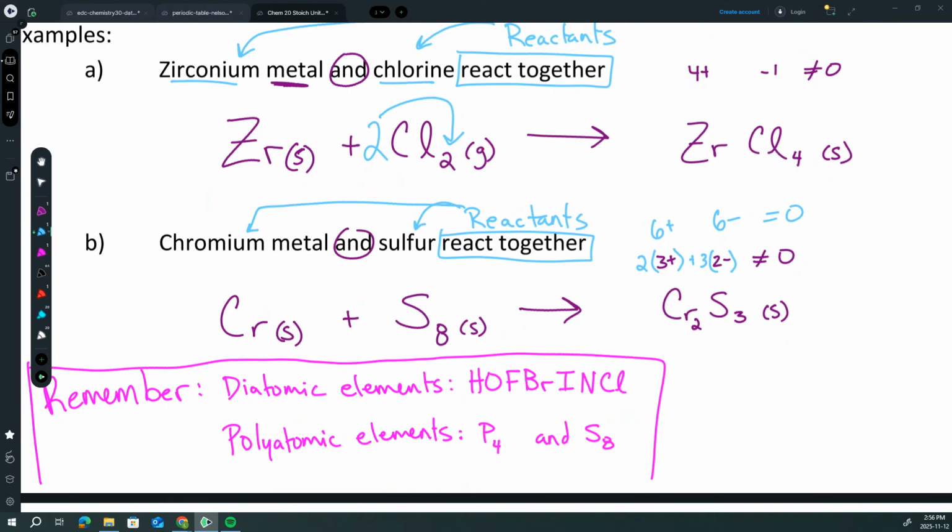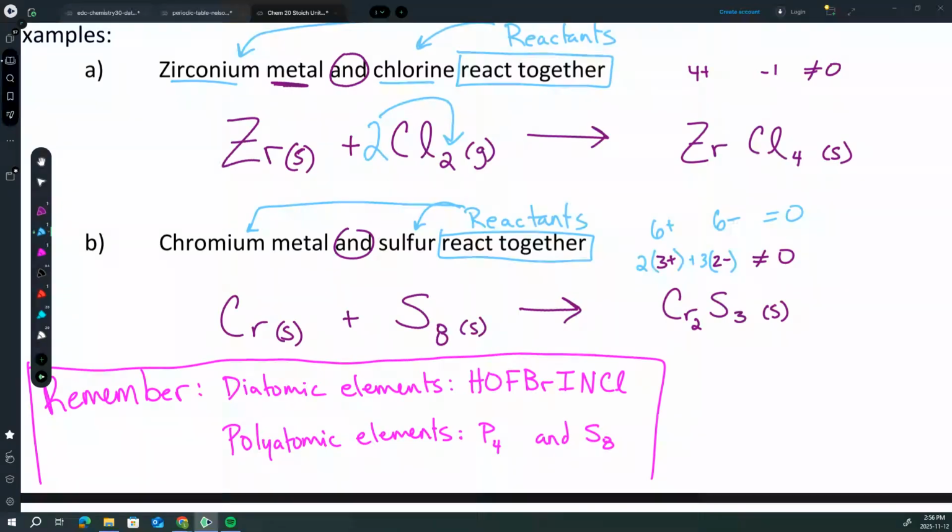Now, technically speaking, you can start anywhere with balancing and you should get the same answer no matter where you start. However, there are certain spots where if you start there, it's going to make your life a little bit easier.